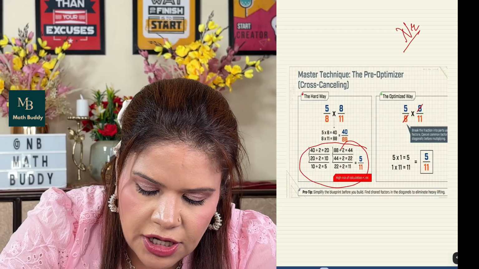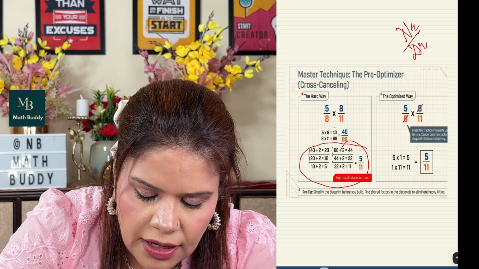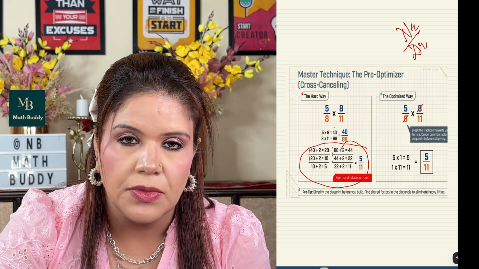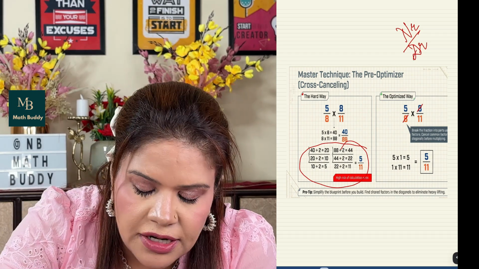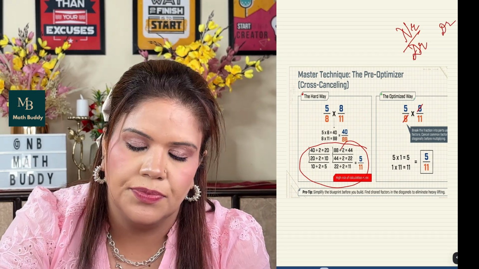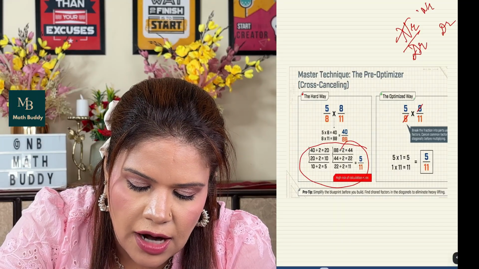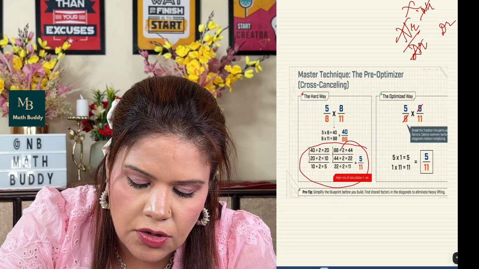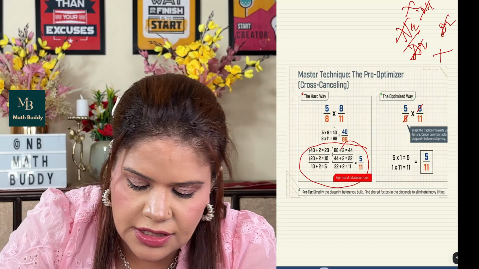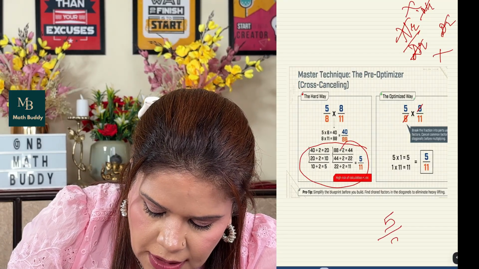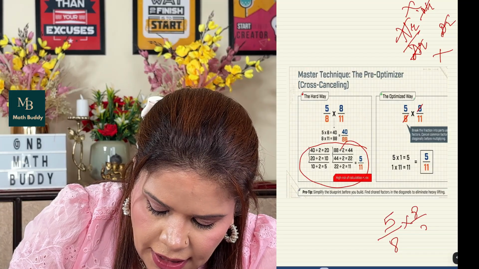Numerator and denominator can cancel only if they have common factor. Denominator won't cancel denominator. Numerator won't cancel numerator. There we can't cancel. We can cancel if there is something common in between numerator and denominator.